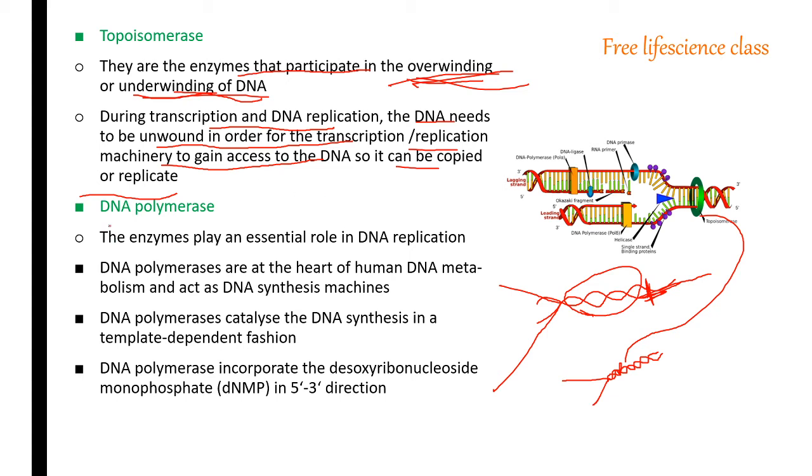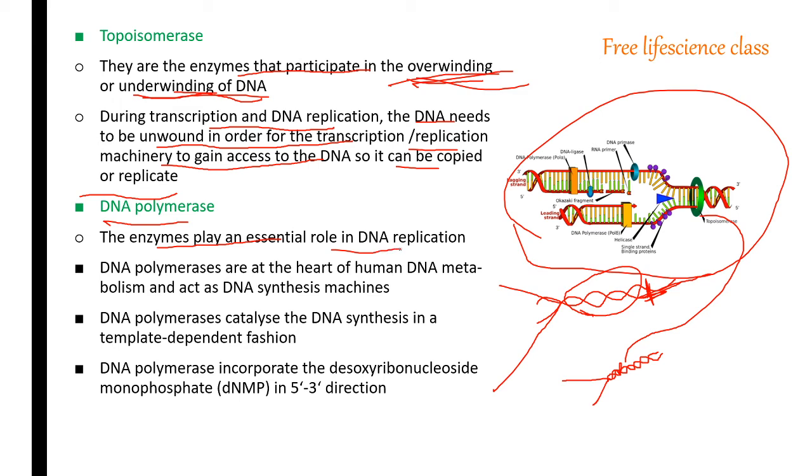Okay, next we are moving to DNA polymerase. The crucial, essential enzyme in the DNA replication mechanism, the enzyme that synthesizes DNA. It will add nucleotides to the newly synthesizing DNA. So the enzyme plays an essential role in DNA replication.